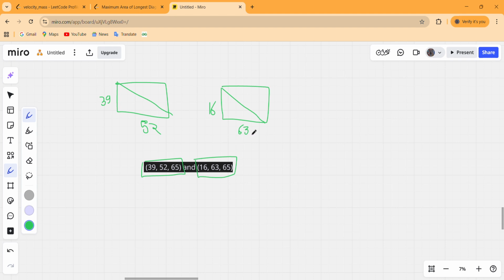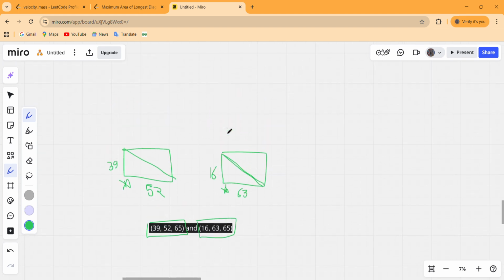So both these rectangles give us the same diagonal length. In that case we have to return the rectangle that has the maximum area, and the area will be compared using this L cross B with this P cross Q.